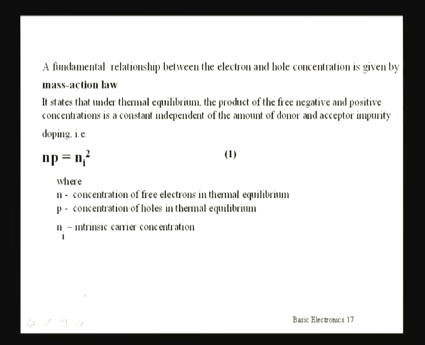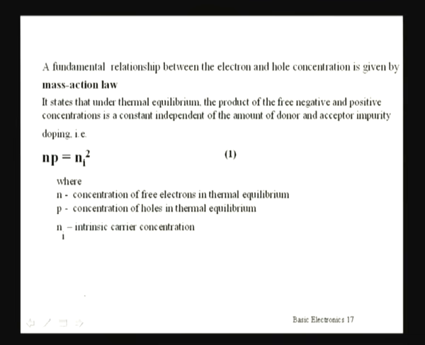Now we will be discussing a very fundamental and very important law which gives the relationship between electron and hole concentration, and that is known as the mass action law. Now what is that law? It states that under thermal equilibrium, the product of the free negative and positive concentrations is a constant independent of the amount of donor and acceptor impurity doping.